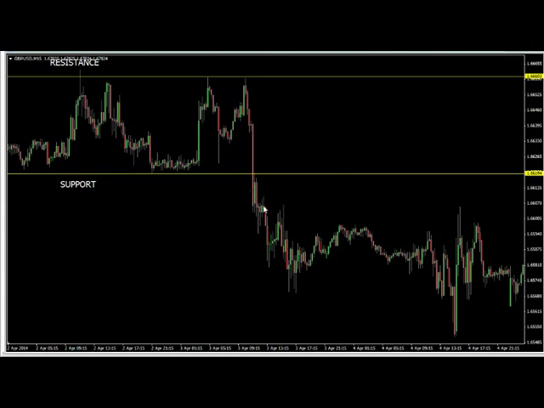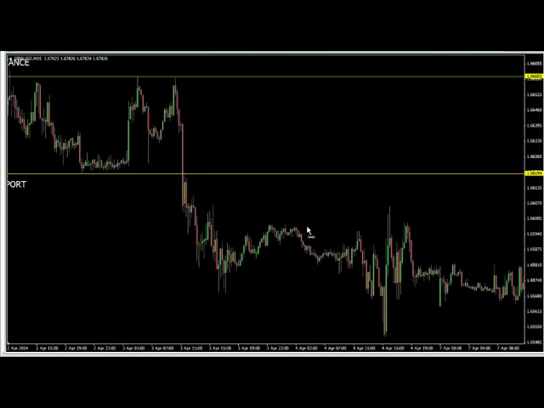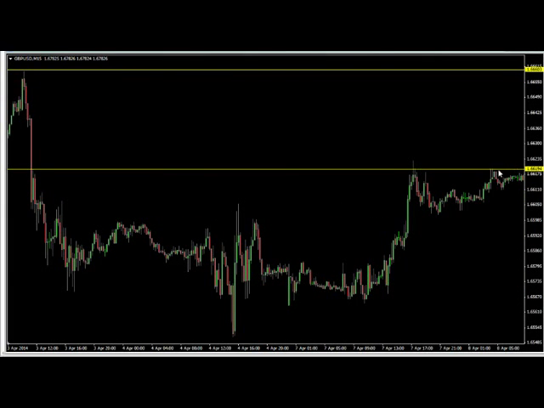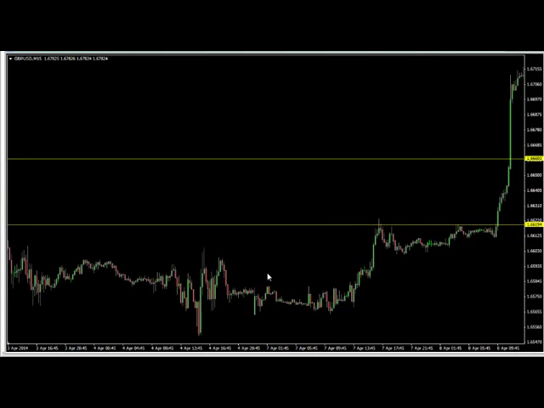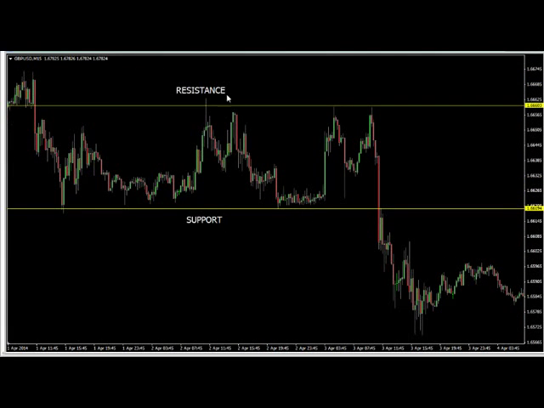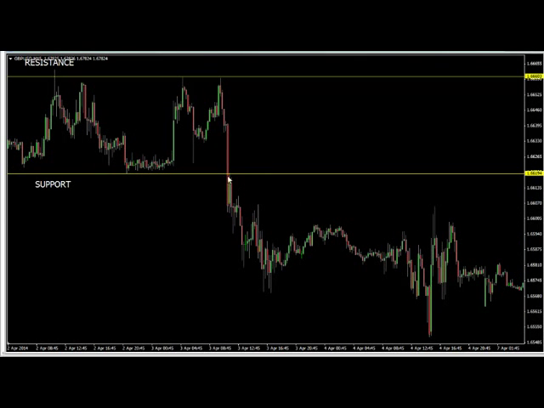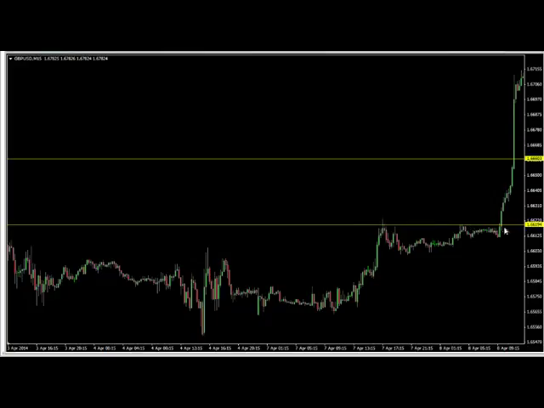You'll notice that for our initial fall, it would be a good idea to take a trade such as this, but after the initial fall, price came back up, and now we have a level of resistance here that's been touched a couple of times before breaking above it. That's a very important thing: levels of resistance and support should always extend past where you think they should go, because they usually tend to create levels of resistance as well.